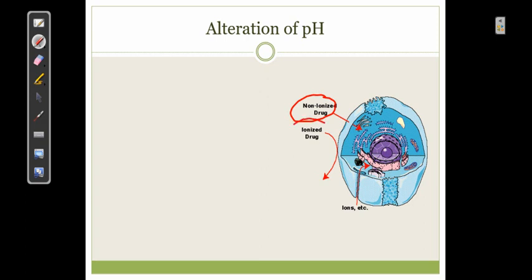And if the drug is in ionized form, definitely it is water soluble, and in such a case it is very difficult for the drug to enter through this phospholipid barrier unless there is a special transport mechanism available for such drugs. So this common knowledge regarding diffusion of the drug inside the cell is very important.